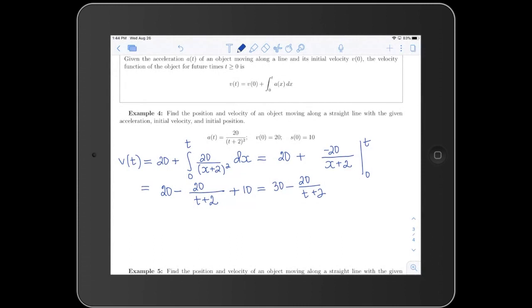Right, so this is your velocity function. Now we need... yes, I see somebody raising a hand. Go ahead. For the non-graded packet, are we actually supposed to upload our full work for all of those problems, even though you're not going to grade them, or are we just supposed to attempt them and then you'll go over them in class and you'll never actually see what we've done? What would you like? Would you like to submit it? Not necessarily.